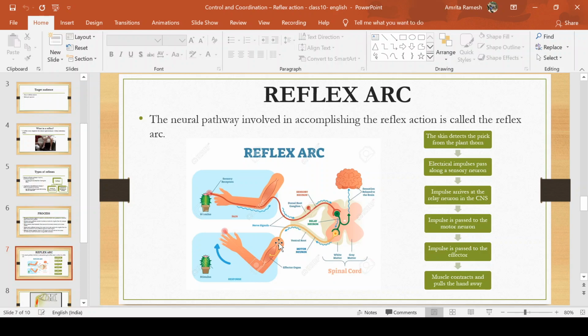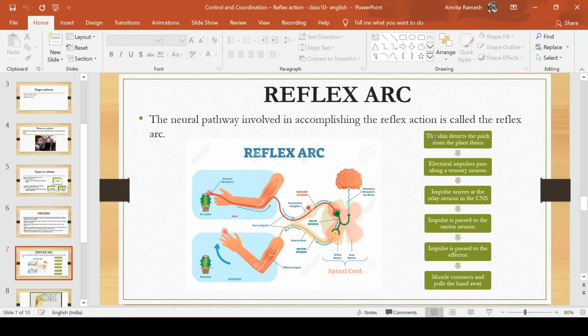So this whole thing, starting from receiving the pain, sensing the pain, then via the sensory neuron we send the message to the spinal cord. From the spinal cord, via the relay neuron or interneuron, the message is sent to the motor neuron to pull the hand back. This whole process is called a reflex arc. So the neural pathway involved in accomplishing the reflex action is called the reflex arc.